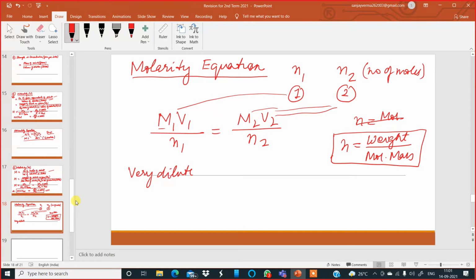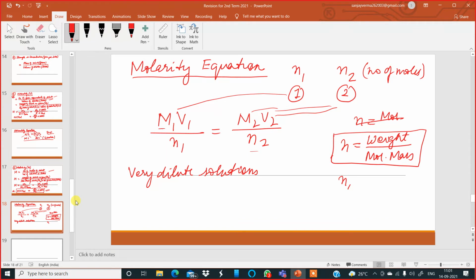Now, for very dilute solutions, if N2 becomes the solvent, then N2 is very, very large. So we can equate them: N1 can be taken as negligible.